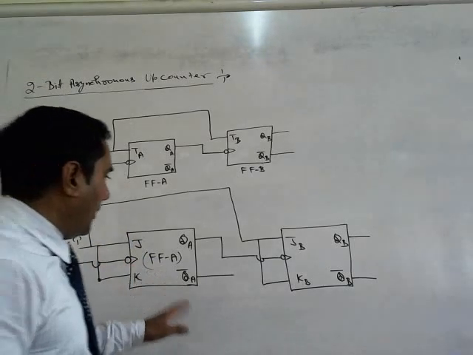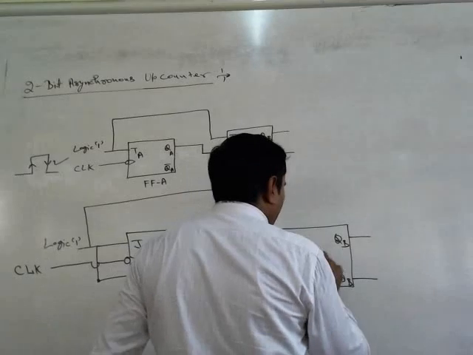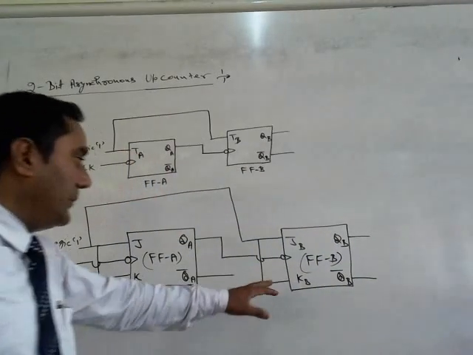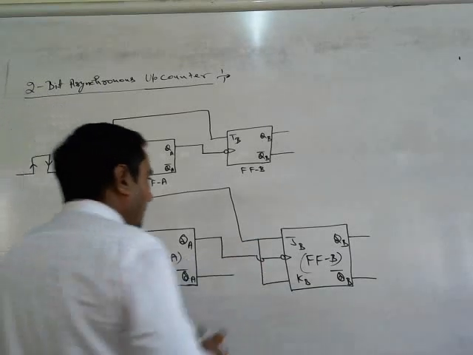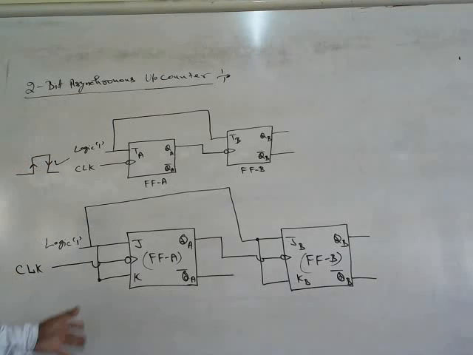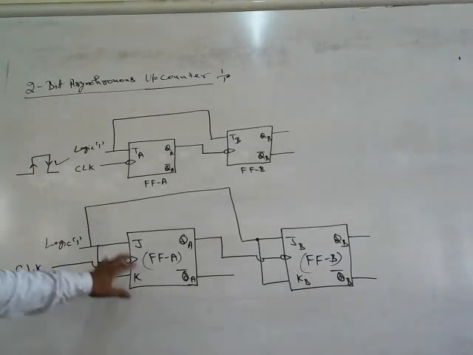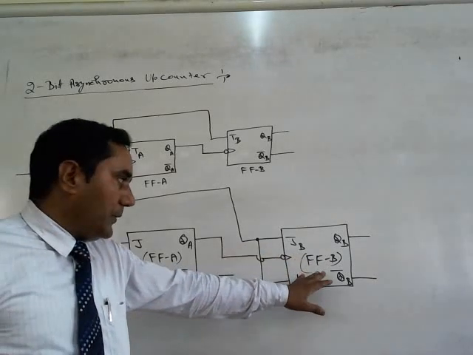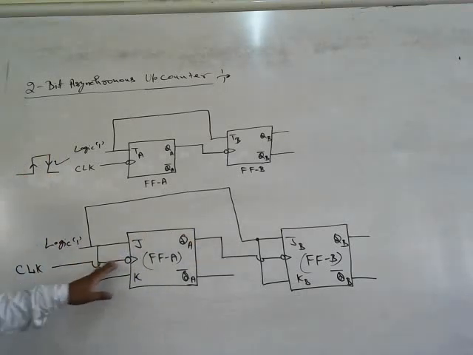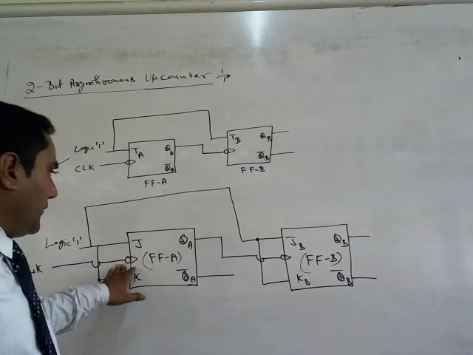In this figure, we see that the J and K inputs are shorted on flip-flop A and also on flip-flop B. Here also the inputs JB and KB are shorted, and the inputs of both flip-flops, FFA and FFB, are connected to logic 1.